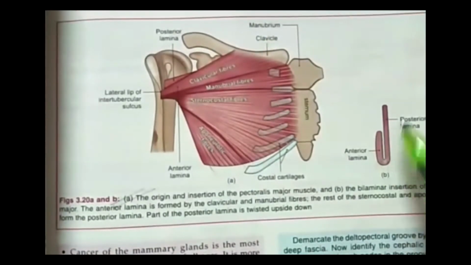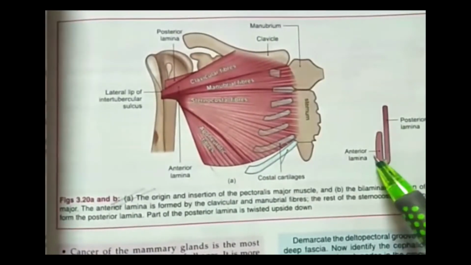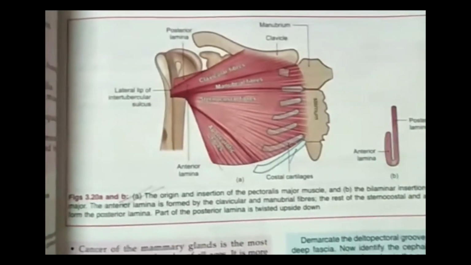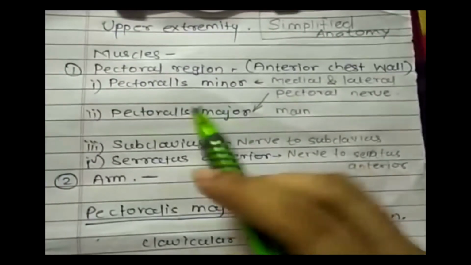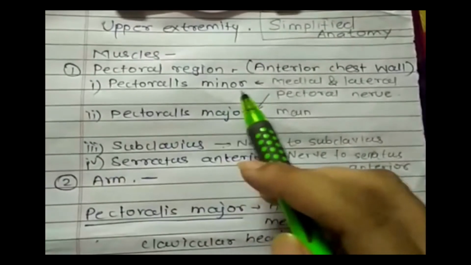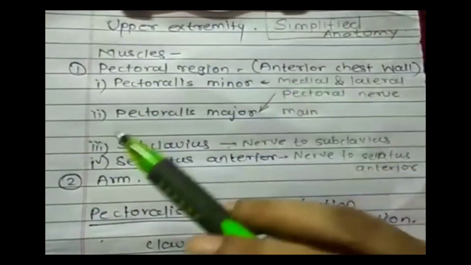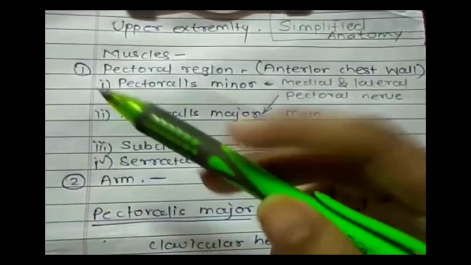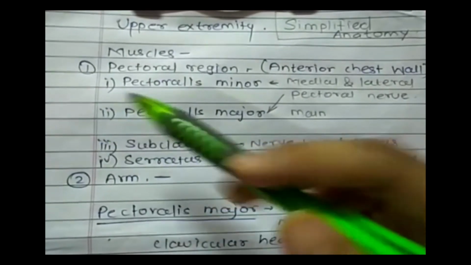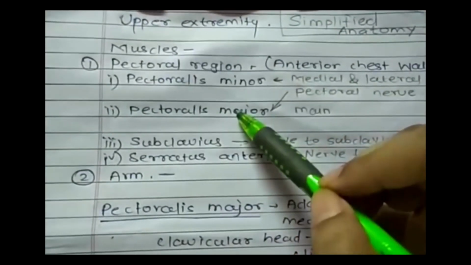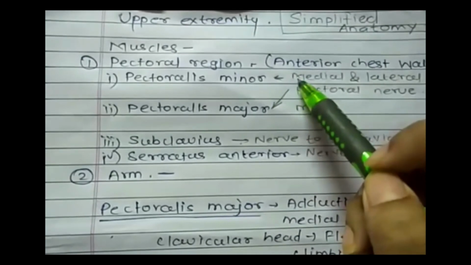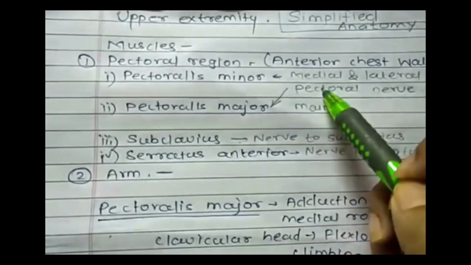This is the inferior, this is superior, this is inferior, anterior lamina, posterior lamina. As I said before, the pectoralis major muscle is inserted on the lateral lip of the intertubercular sulcus. It is also supplied by the medial and lateral pectoral nerve.